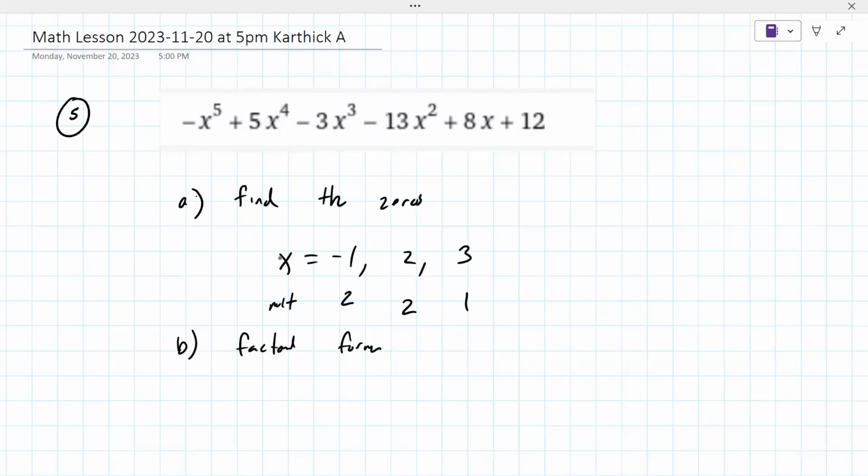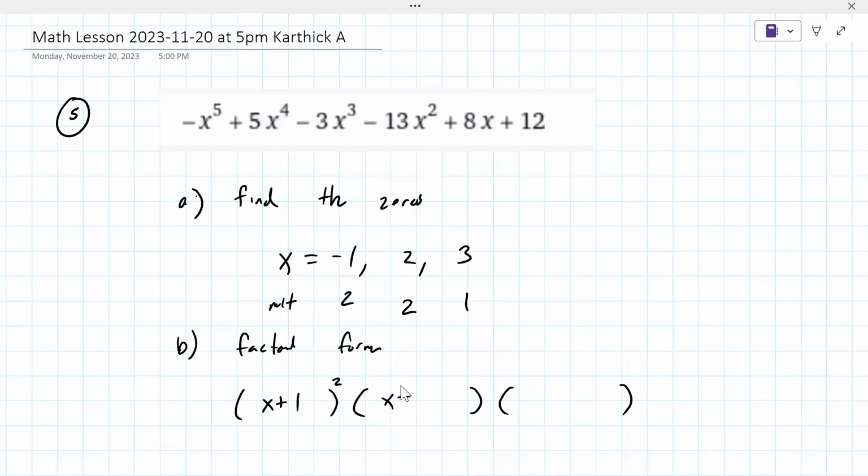Right. And how about factored form? Can you tell me that now, just based on what you said? So that would be x plus 1 squared, x minus 1 squared. No, you said x minus 2, I don't think you meant that.